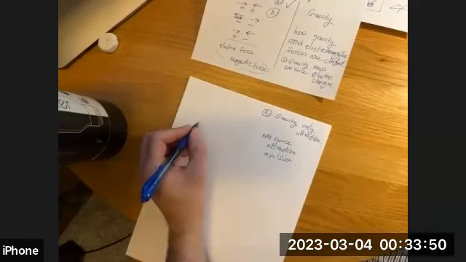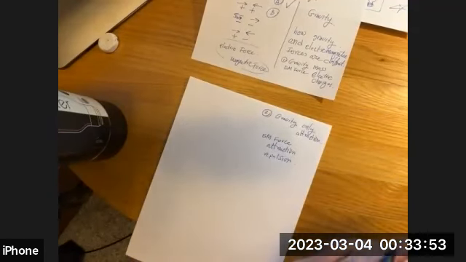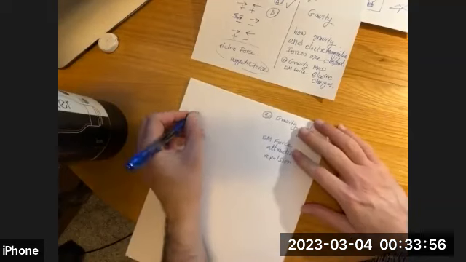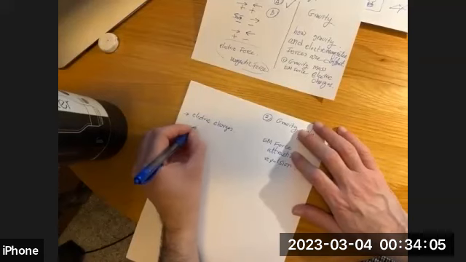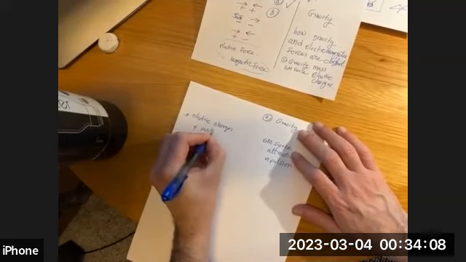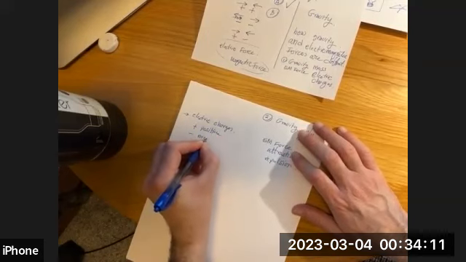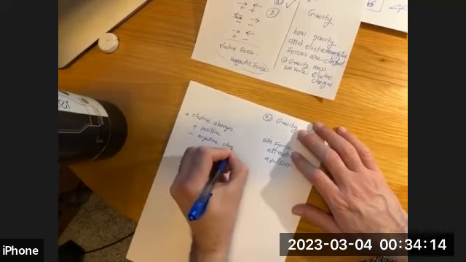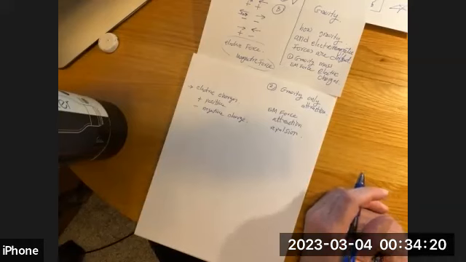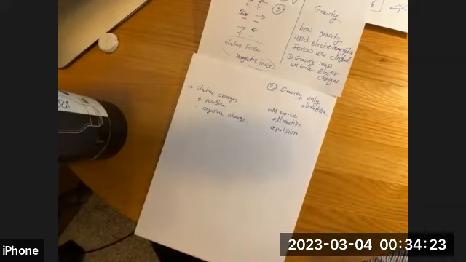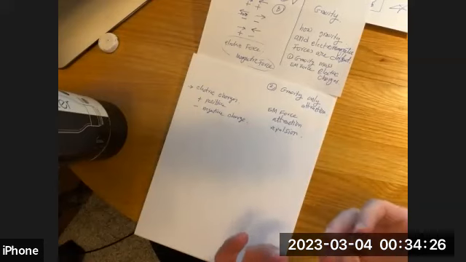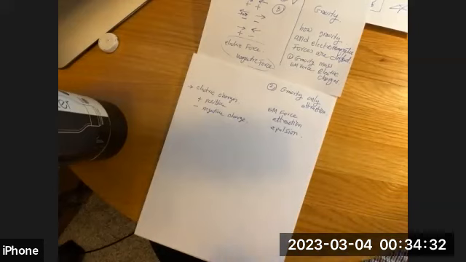So the idea is, people discovered that we have electric charges, and then they discovered there are positive charge and negative charge. And people did not know back then what exactly these charges were, who carries them.